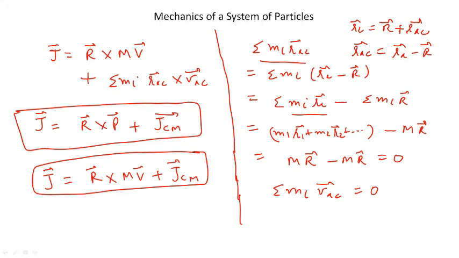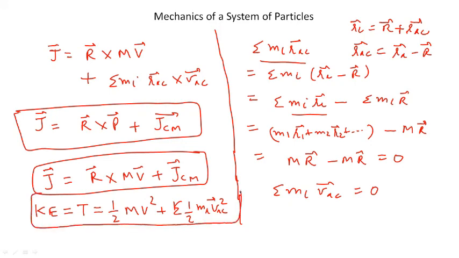Similarly, we can write our kinetic energy in terms of the center of mass, and it will be T equal to 1 by 2 M V squared plus sigma 1 by 2 m_i V_iC squared. This is a very important formula.